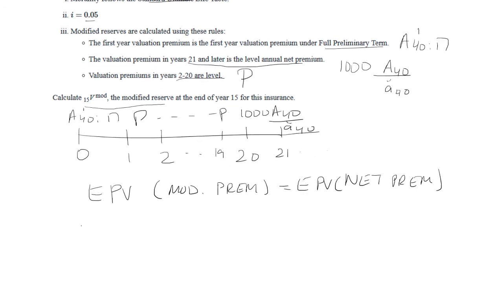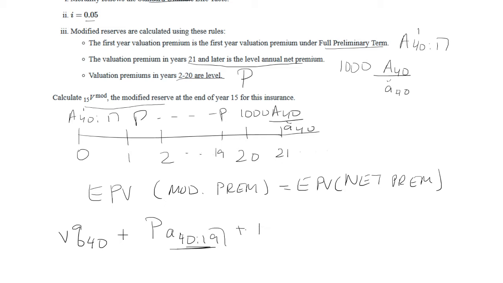For the first year, it's a 1-year term, so it's going to be v times q40 plus, from then on it's a level annual net premium, so it's going to be P, and it's going to start at the end of year 1. I'm going to explain more about this notation, but let's leave it as it is for now.